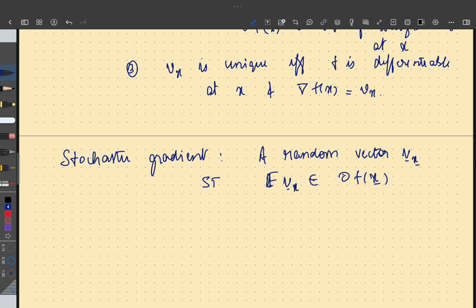So in particular, if it's a differentiable function, then in expectation this stochastic gradient is equal to the gradient at that particular point.